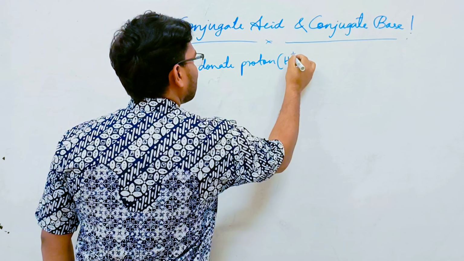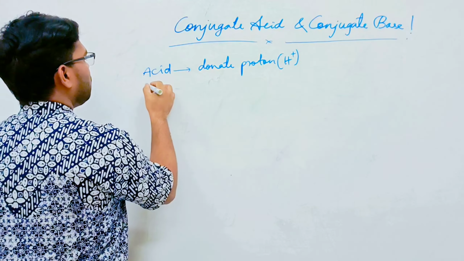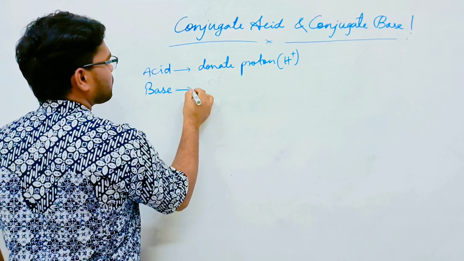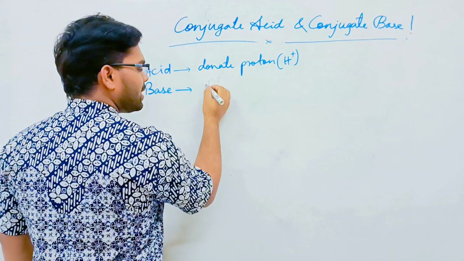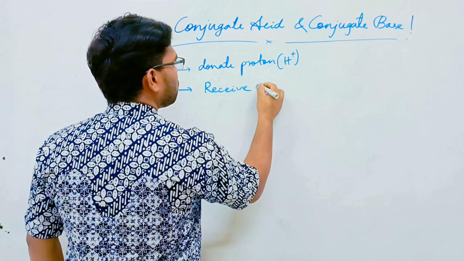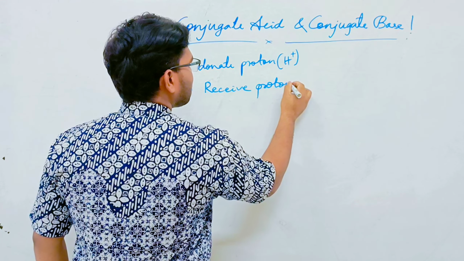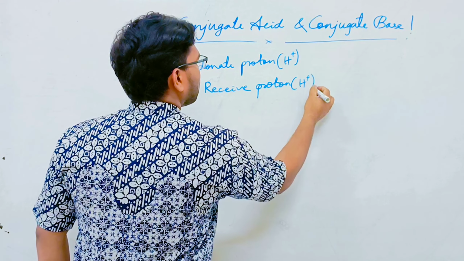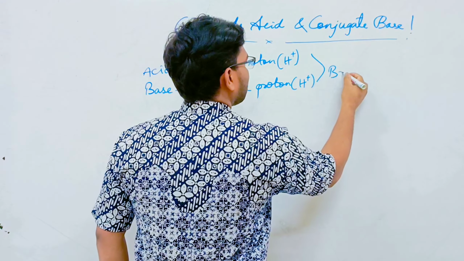Proton means H plus ion. Base is a substance which receives a proton. Simple. This is the definition of Bronsted and Lowry.